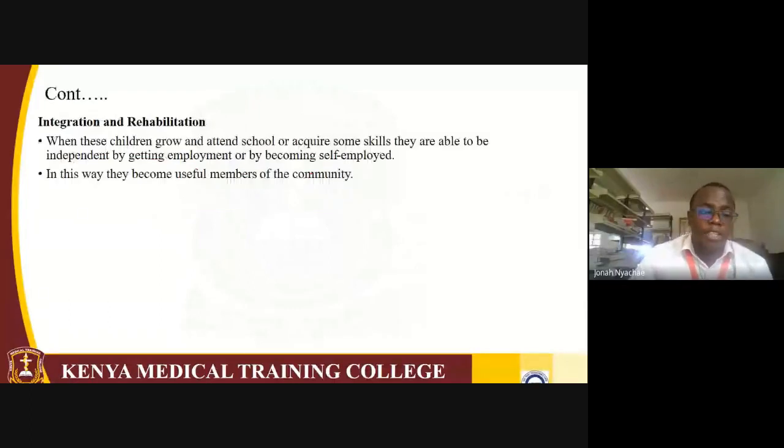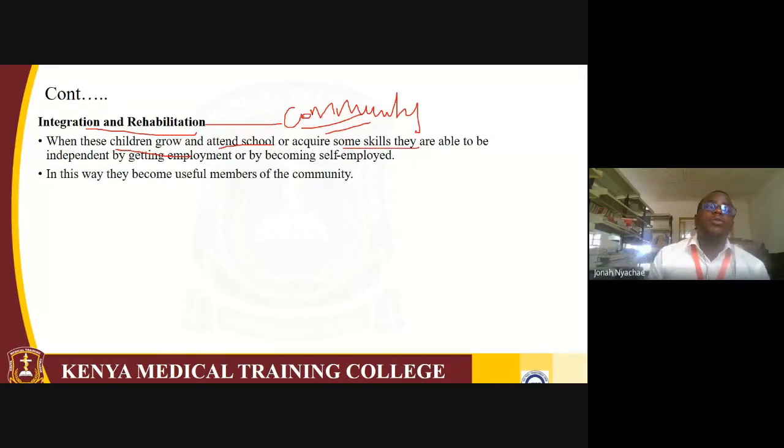So we have integration and rehabilitation. Once we take care of these children, they have to be integrated and rehabilitated back to the community. And as the community, we have a role to ensure that these children grow and attend school, to acquire skills so that they can be independent, where they can become productive persons within the society, they can get employment, they can create employment, and therefore become useful members of the community.